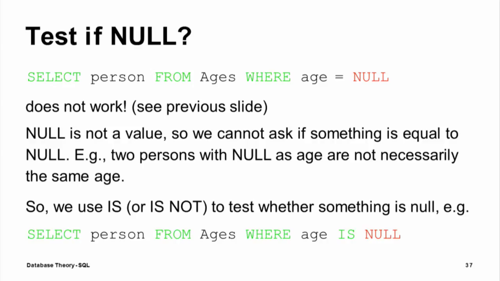You cannot use that on equality testing. So what they want you to use is the is construct. Then it makes sense. The equality operator doesn't work on unknowns. So let's use is instead. And that's what you have on the last row, where it says select person from ages where age is null. Now it makes sense. Okay?